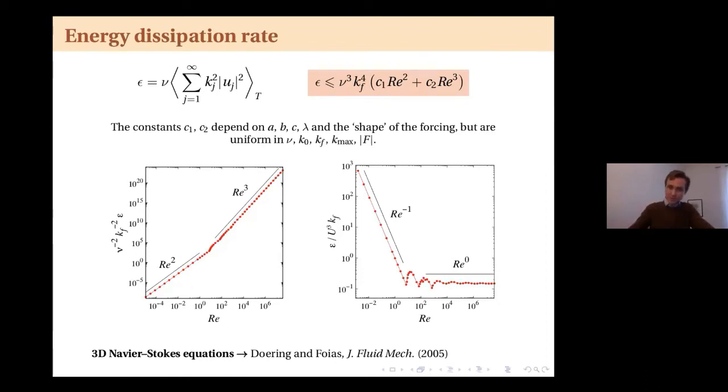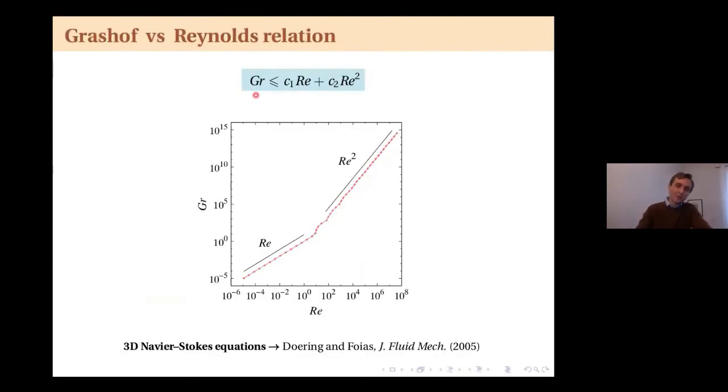Before we move to higher order derivatives, let me just mention one thing, which is again something related to what John was discussing in his talk. This inequality can be simply rewritten as a relation between the Grashof number and the Reynolds number.